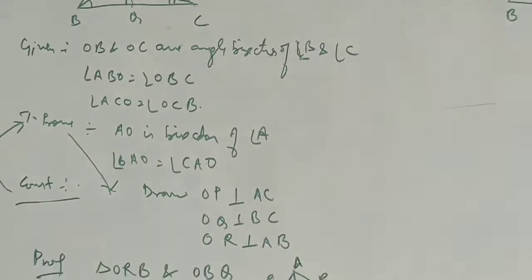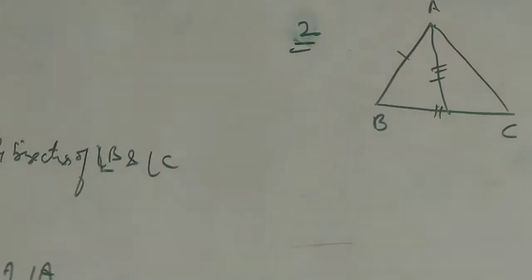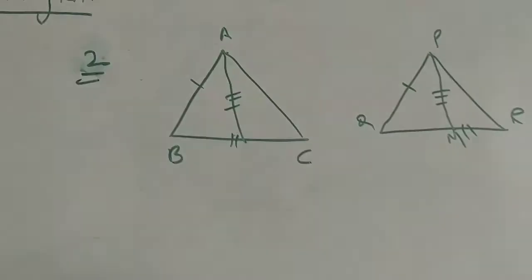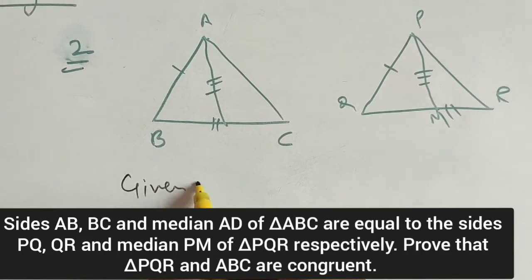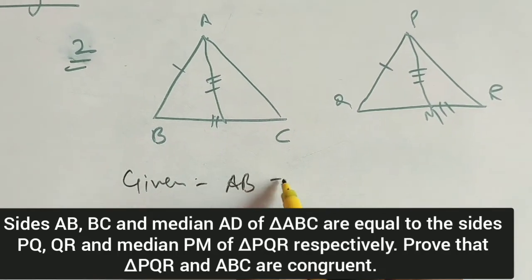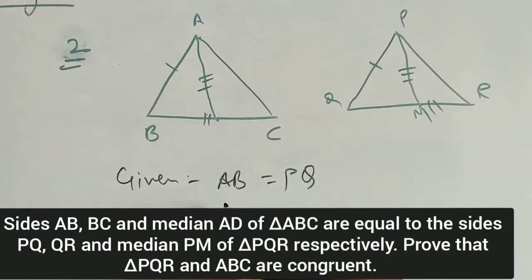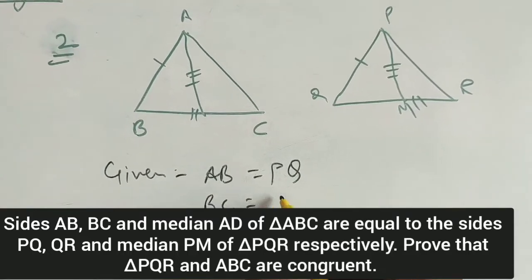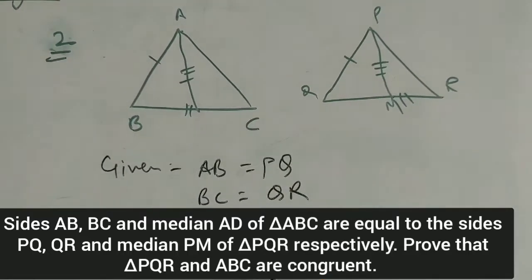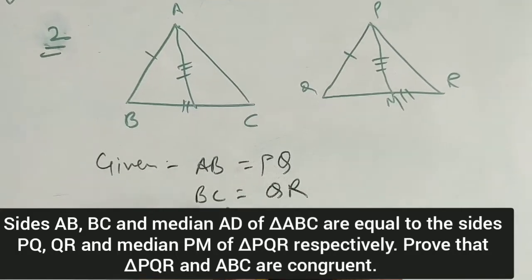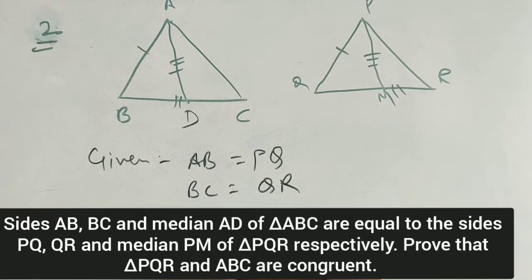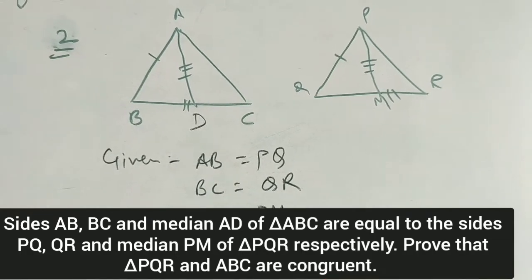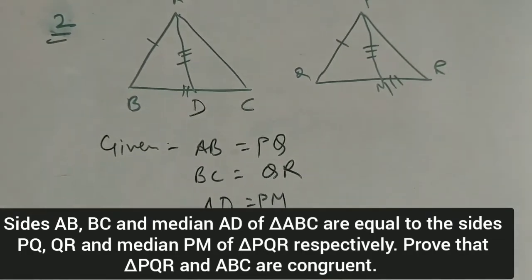Okay, so in the next example we have these two figures, and it is given that AB is equal to the PQ side of the other triangle, BC is equal to QR of the other triangle, and suppose this is AD is equal to PM, and these AD and PM are the medians.